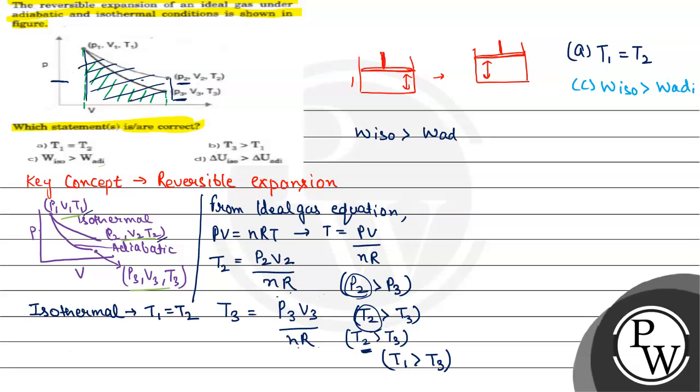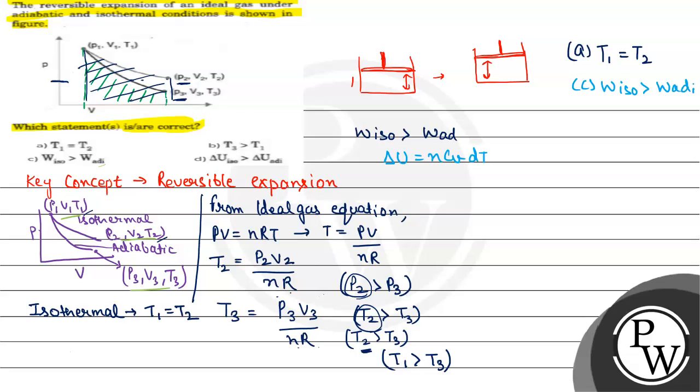And in the last, they are talking about the internal energy, whereas the formula for the internal energy is delta U equals nCv dT. And in the first process, which is the isothermal, we have seen that T1 is equal to T2.